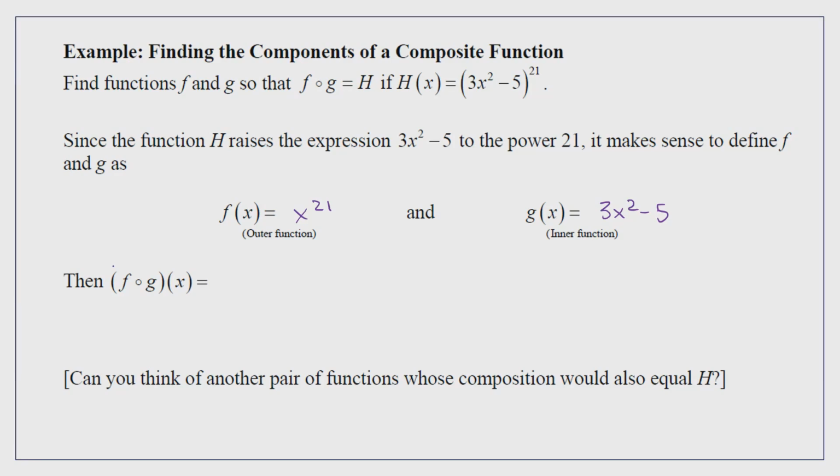Then f composed with g of x will equal f of g of x, equals f of 3x squared minus 5, equals the quantity 3x squared minus 5 raised to the power 21, which equals h of x.